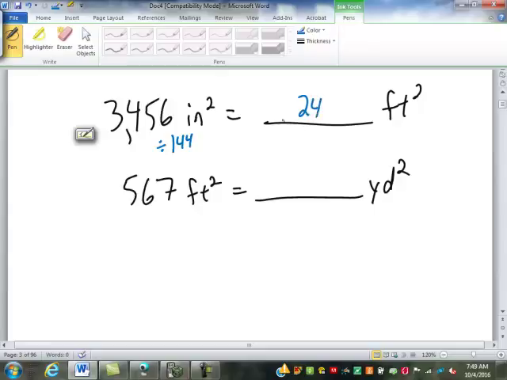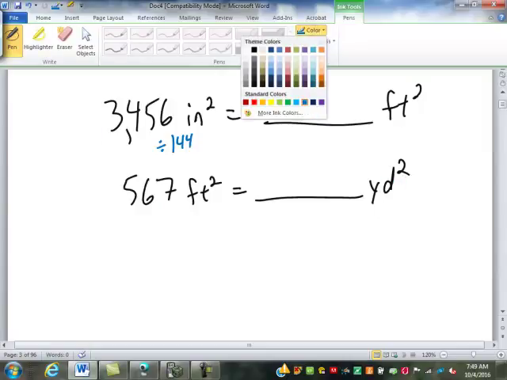How many of you got 24 out of that? Anybody have any questions as to where that came from? A bit confused, Austin? Me? Yeah. No, it's squared. Okay, just making sure. So now we've got 567 square feet into square yards.